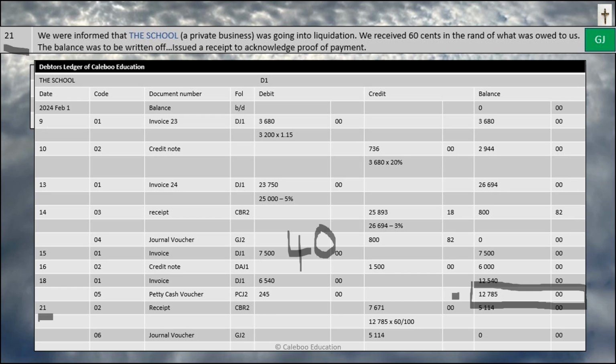Now we received 60 cents in the rand. We're going to have to write off 40 cents in the rand if we receive 60 cents in the rand.